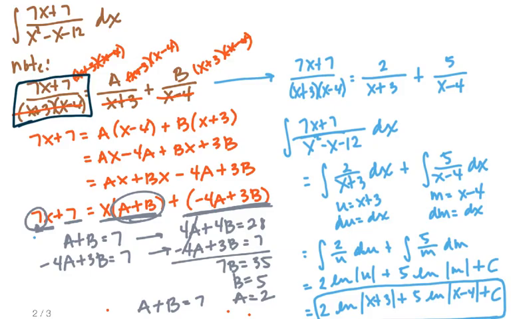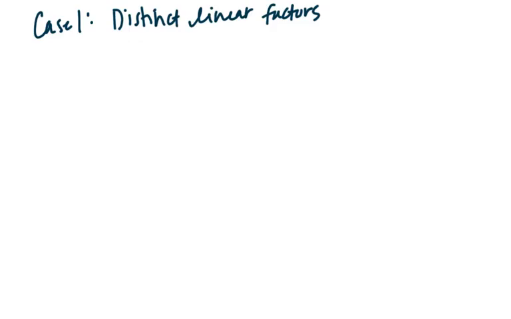So x plus 3, x plus 4, 2x minus 1. Those are the ones we looked at. Case number 2 is where you have repeated linear factors.